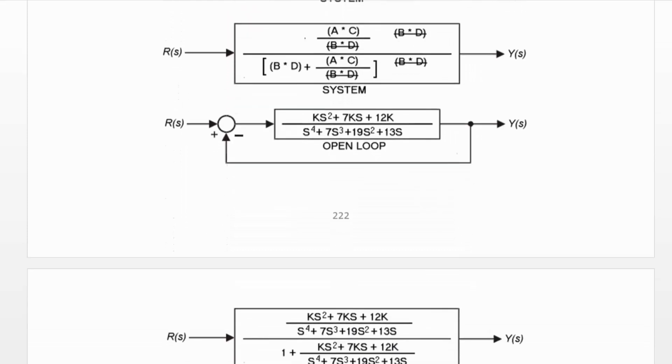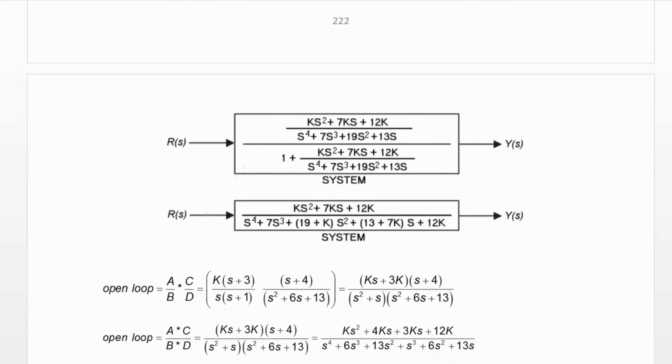When we do this, it looks like this: A times C over B times D, and this is 1 plus A times C over B times D. And this will come down into an equation that looks like this, and we'll have it solved. So let's see how to solve this.